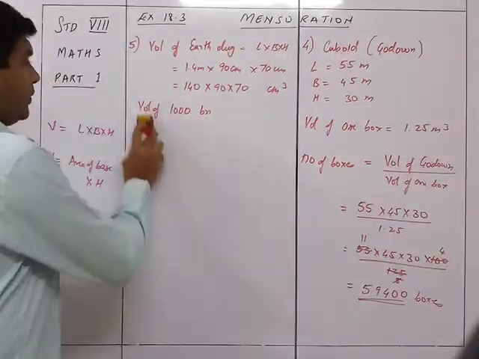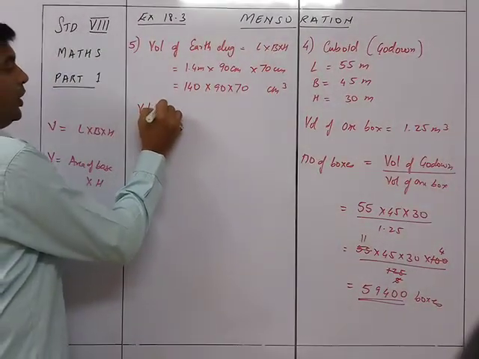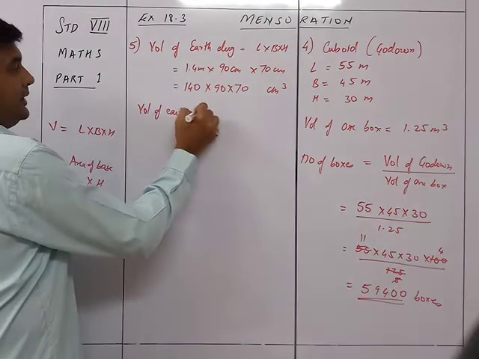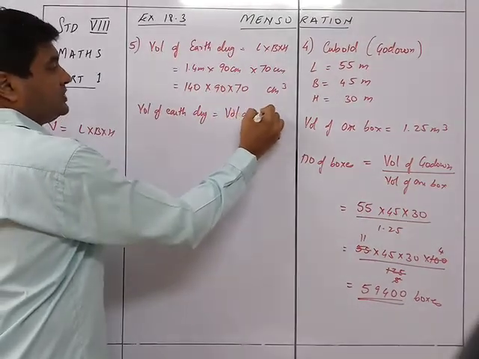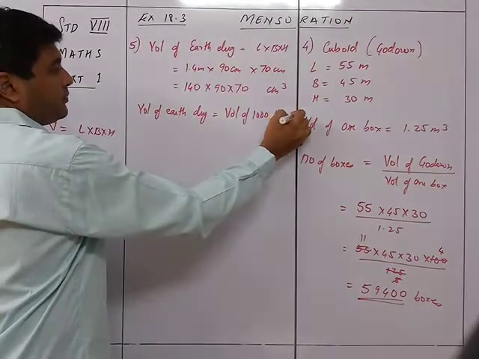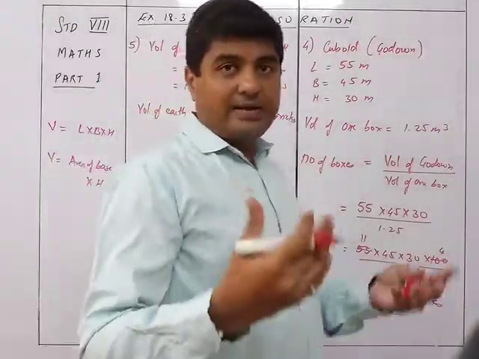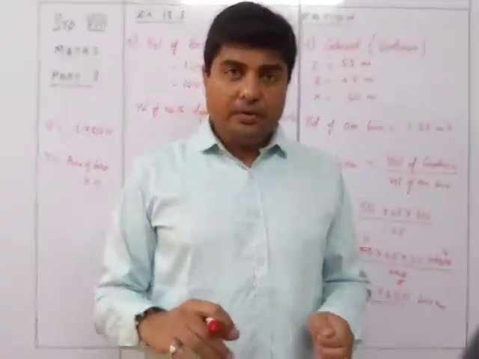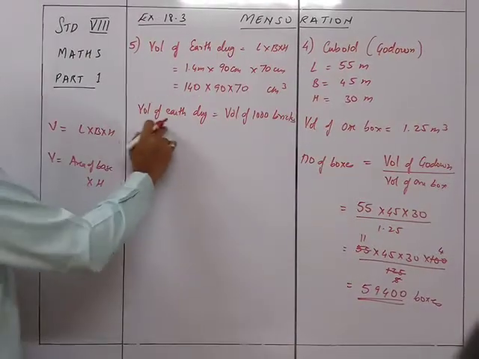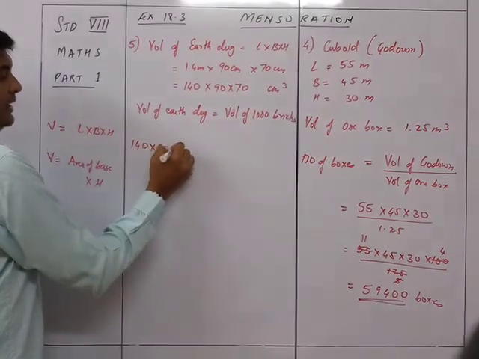Now we know that the volume of earth dug is equal to the volume of 1000 bricks. Whatever is the volume of the earth dug is equal to the volume of the 1000 bricks we have made, right? So the volume dug is 140 into 90 into 70.